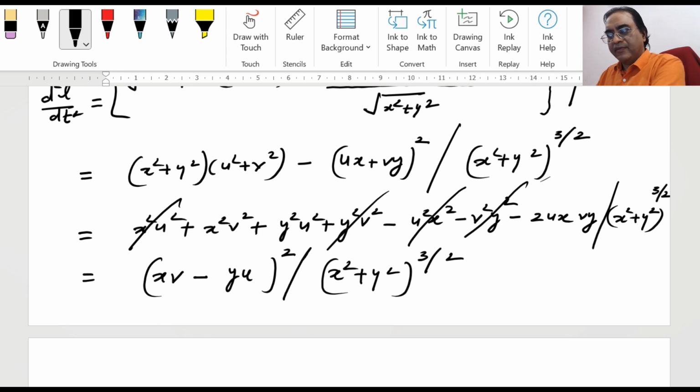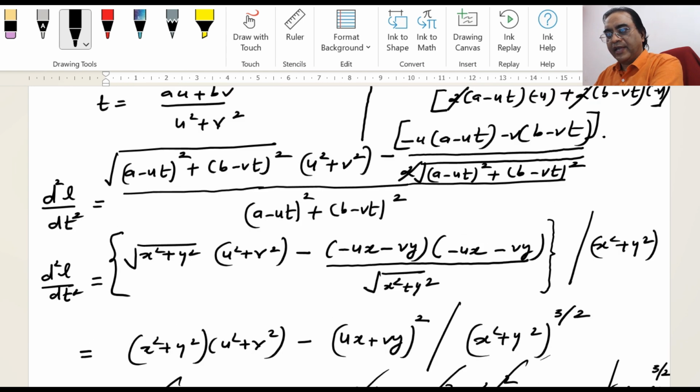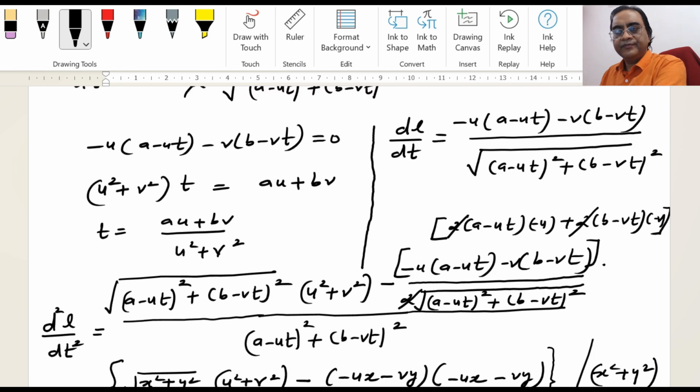So second derivative test points towards minima. So the time that we got earlier, (au plus bv) divided by (u square plus v square), this is the time that corresponds to the minimum value of L. So at this time, the L that we get is L minimum indeed.